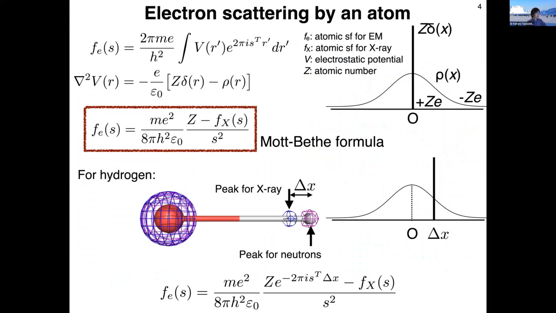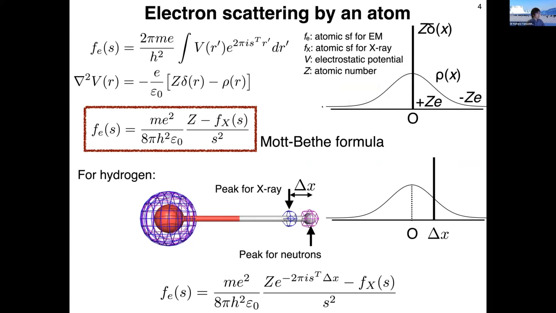X-rays are scattered by electron density, and neutrons are scattered by the nucleus. And in cryo-EM single particle analysis or electron diffraction, electrons are scattered by the electrostatic potential, which is formed by both the positively charged nucleus and the negatively charged electron density.